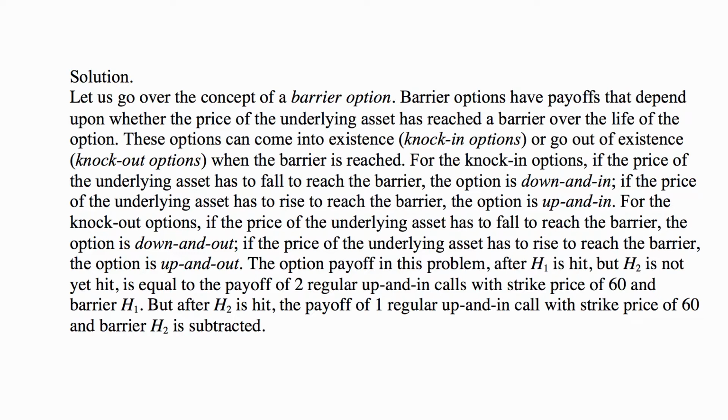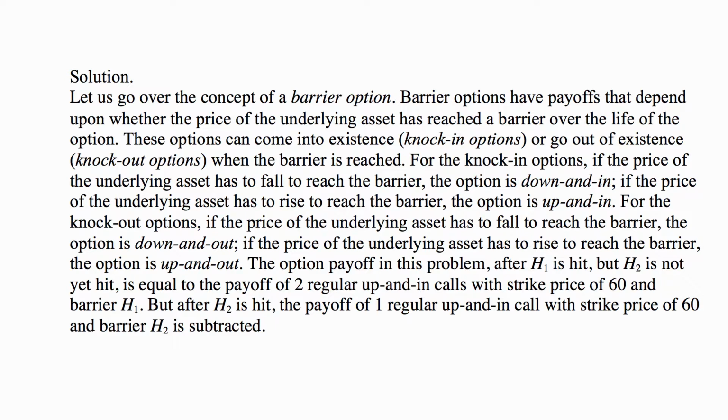If the price has to rise to reach the barrier, the option is up and in. For the knockout options, if the price has to fall to reach the barrier, the option is down and out. And if the price has to rise to reach the barrier, the option is up and out.